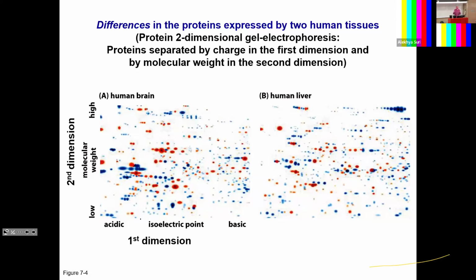They are not unfolded, so there would be charged amino acids on the surface and hydrophobic ones in the center. So you would separate those proteins according to acidic or basic surface.